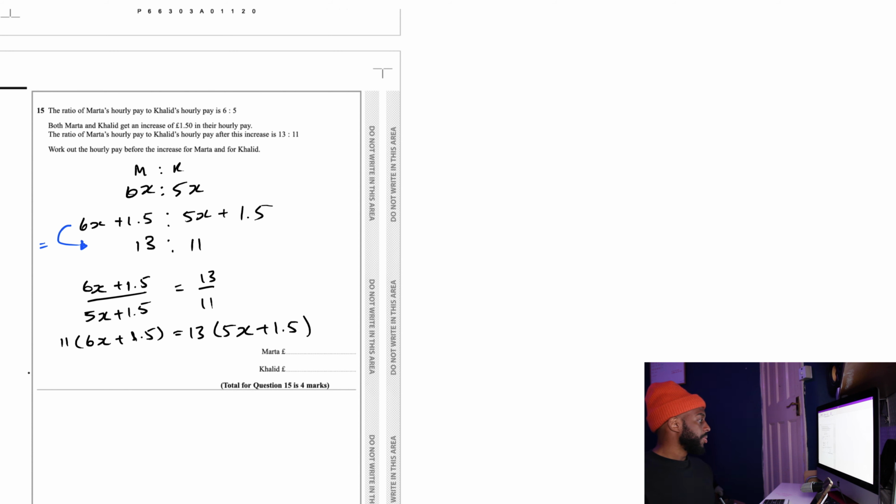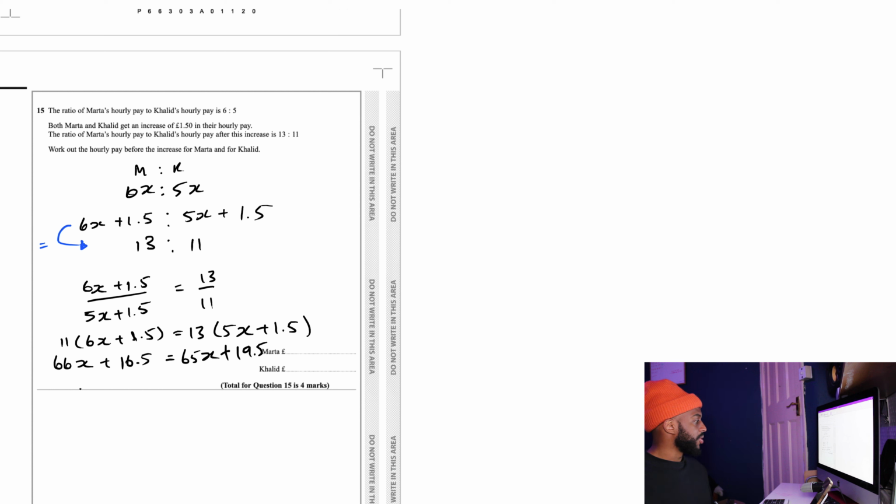Like so. Expand our bracket out, so 66x plus 16.5. Then we've got 65x plus 19.5. Okay, then we rearrange that.